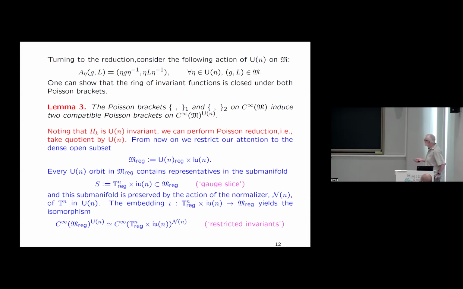And so if we are in this regular part, then we can choose representatives of the UN orbit in such a way that we diagonalize the group element. And this Tn is the regular part of the standard maximal torus of UN, so diagonal unitary matrices with distinct eigenvalues.